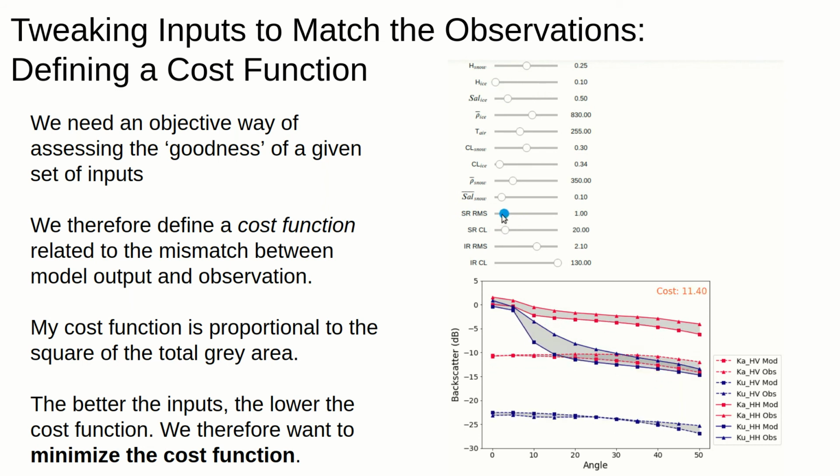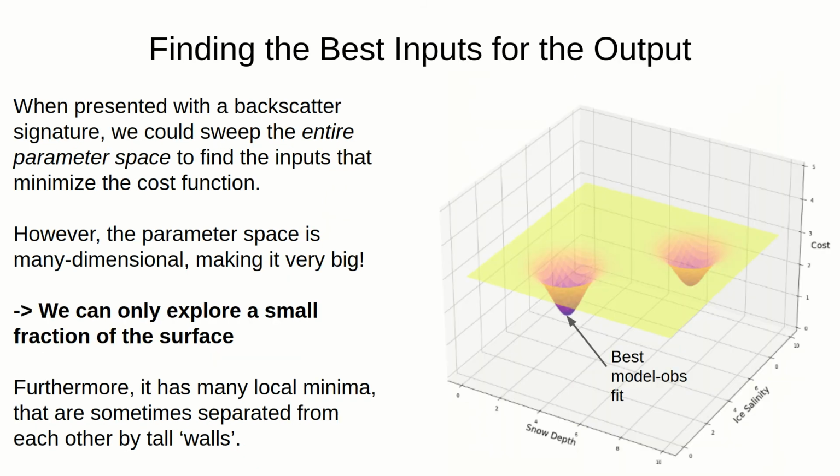So here's a schematic representation of that cost function, imagining we've just got 2 degrees of freedom, we've just got 2 sliders. So you can see that here maybe the cost function would be a surface that's got some different minima, and the global minimum, the lowest possible value of the cost function, represents the best fit that we can do.